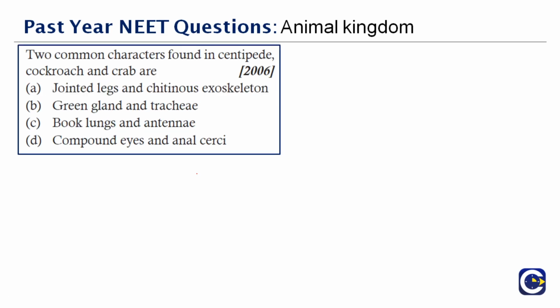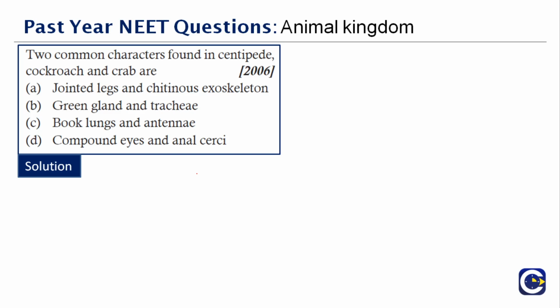Okay, next question. Two common characters found in centipede, cockroach and crab are dash. This question was asked in the year 2006. Once again, this is an easy question. We're asking about the common thing.